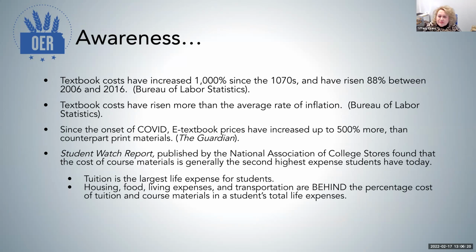These are alarming numbers. And if you yourself are not buying these books, or are not exposed to a large group of people buying textbooks, or even one person buying textbooks, that may not just dawn on you normally. So think about that. Textbook costs have risen more than the average rate of inflation, which is wild.